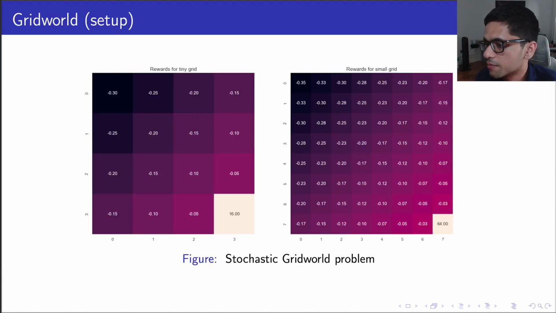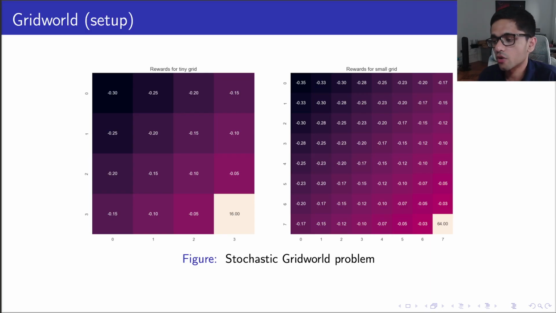Now we look at a simple grid world setup. The agent has to move from the top left to the bottom right in an n cross n grid. The environment is made simple on purpose. The closer you are to the final state, the greater the reward. However, to make the process more random, when the agent tries to move in a direction, there is a 10% chance that it's pushed in a particular perpendicular direction, resulting in uncertainty in the total reward.